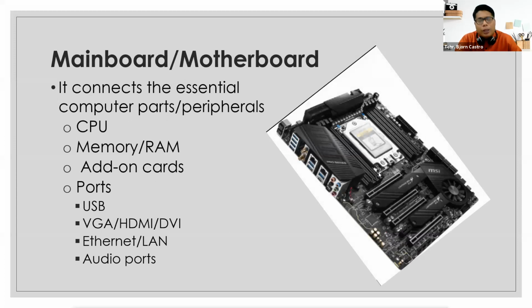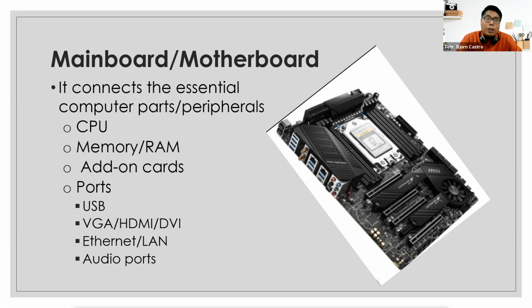Also, the mainboard. The mainboard is one of the most important things in your computer system because it connects all the essential computer parts. Like for example, the CPU, the memory or your RAM, your VGA card or graphics card rather.